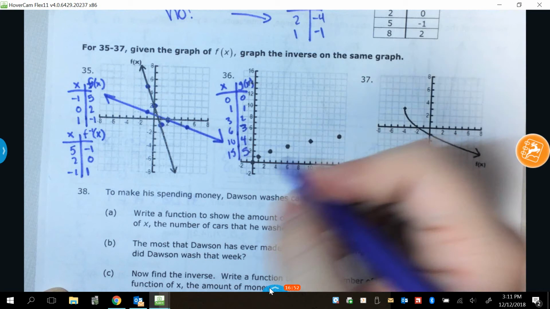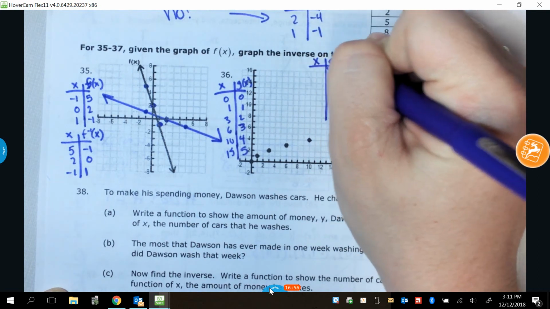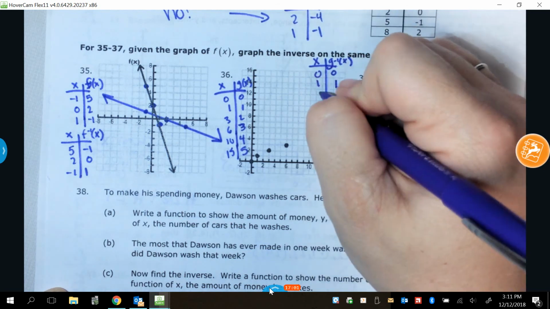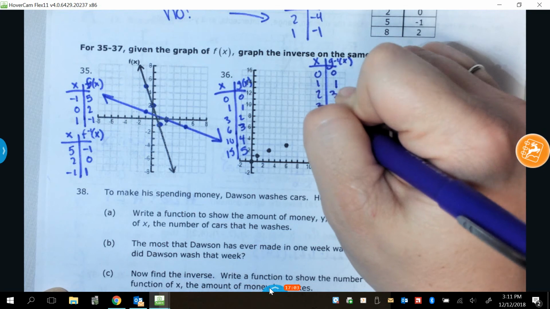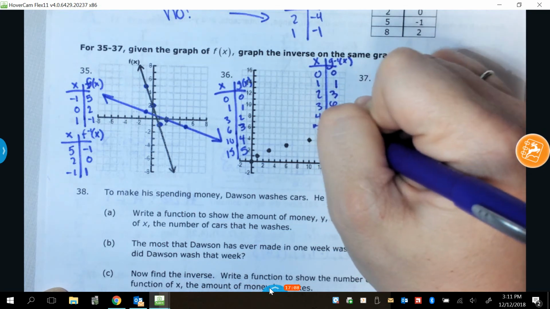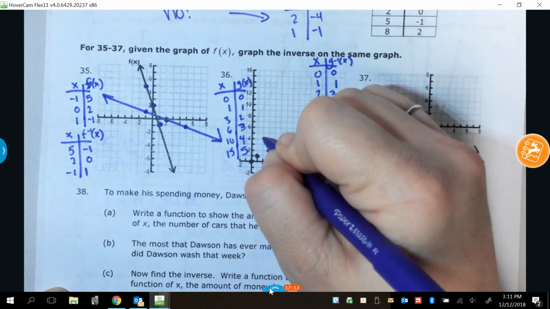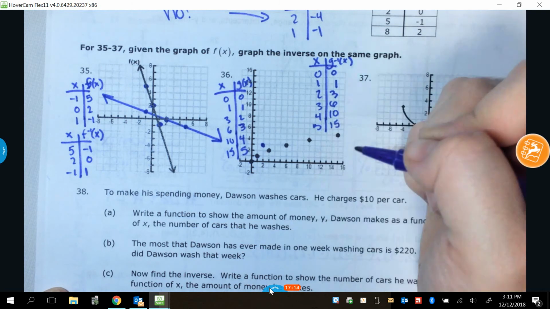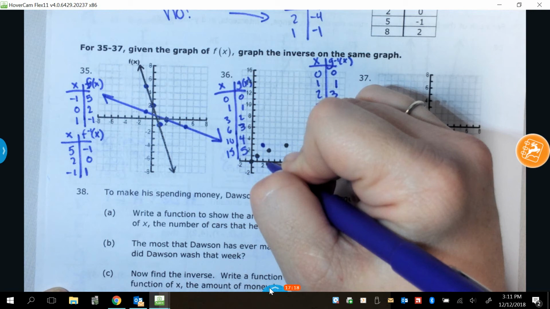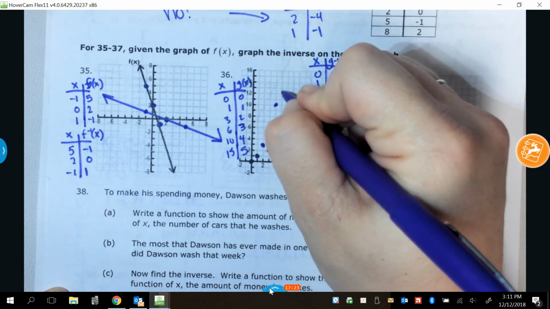So the inverse of that, we'll build over here, would be (0, 0), (1, 1), (2, 3), (3, 6), (4, 10), and (5, 15).